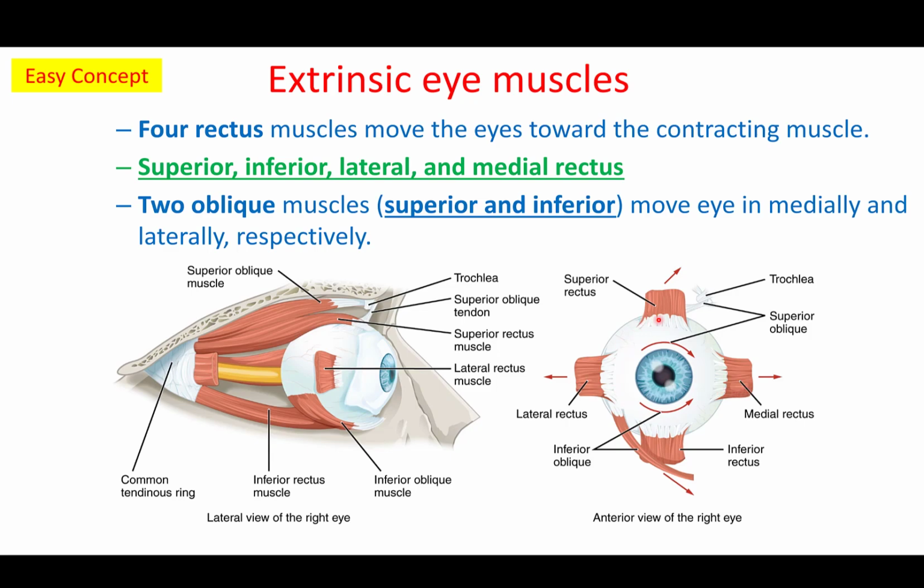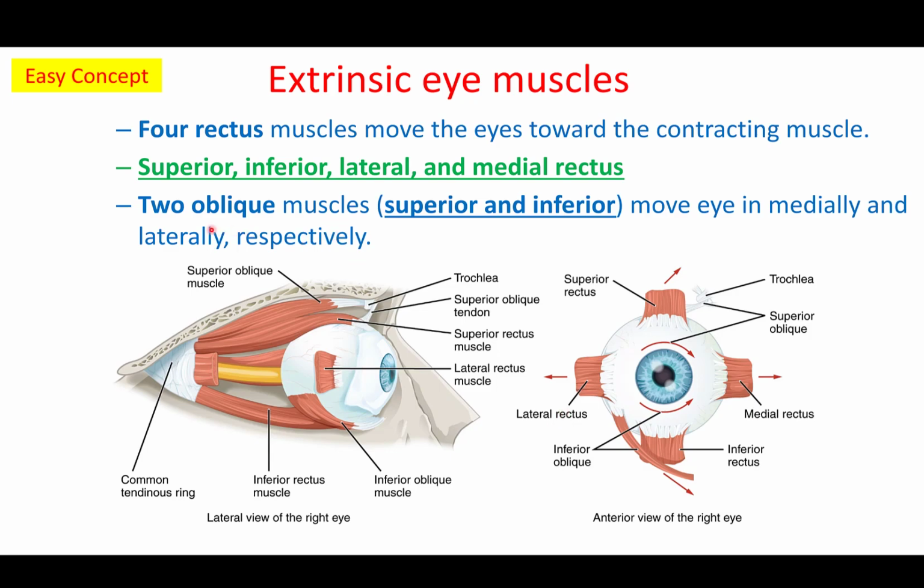Those rectus muscles will move the eyeball into their direction. The lateral rectus will move the eyeball to the lateral side. The medial rectus will move the eyeball to the medial side, the superior to above, and the inferior rectus will move the eyeball down. Those are easy to remember because their movement is their name. Lateral rectus means it will take the eyeball toward outside, or laterally.